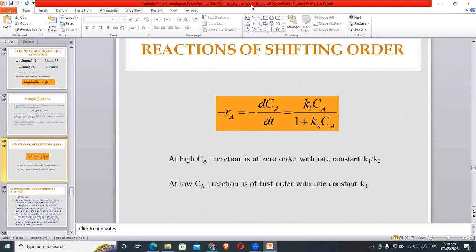So why is that? Before I annotate, does anybody know the reason why at high concentration of A, the reaction is zero order? So if this is your original rate equation, at very high concentration of A, the reaction is zero order. Would anybody know why is that?